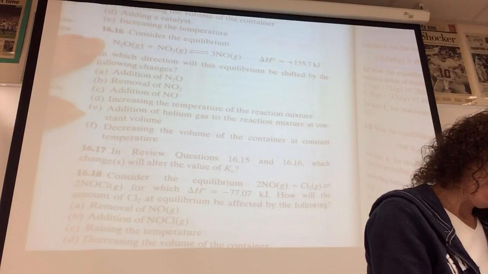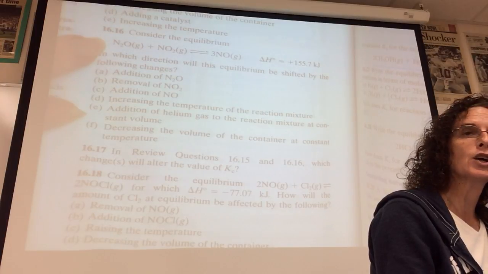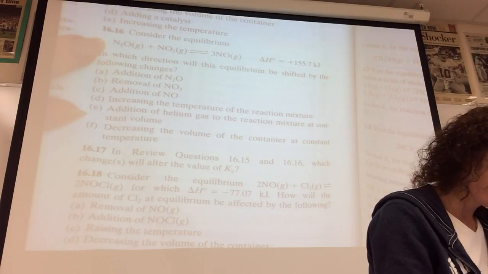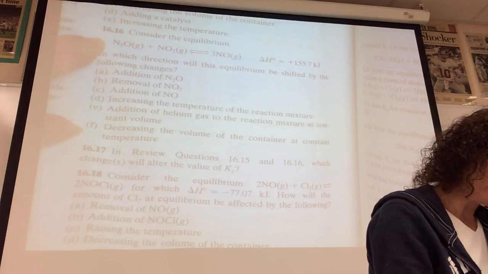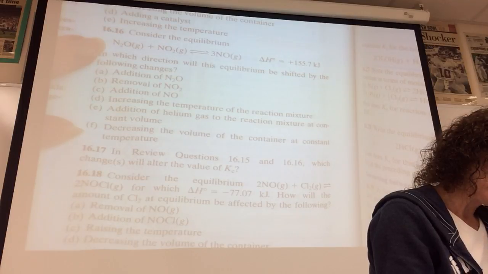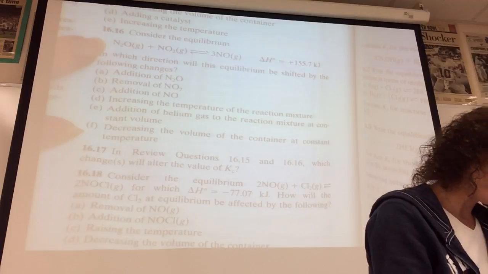Now, if I add helium at constant volume, there is no effect. If I decrease the volume of the container at constant temperature, I shift to the side with the smaller volume, so I shift to the left.